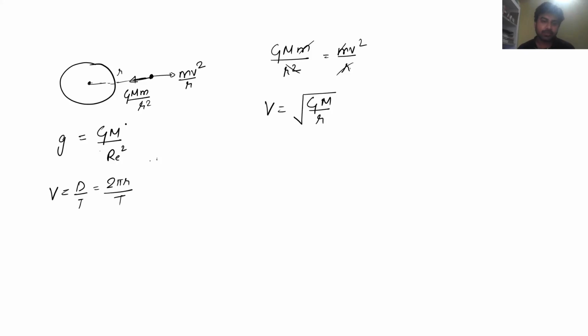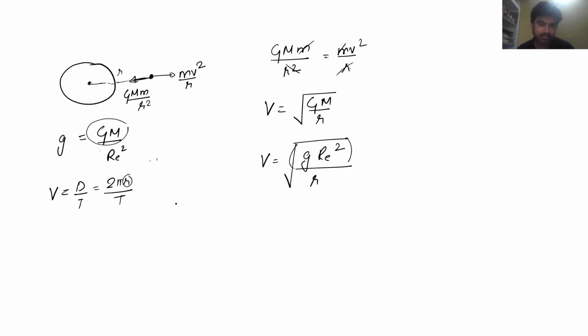Let's substitute the value of GM, which is g into R E square. So v is equal to root of g into R E square by r. I think you will get the answer from this only.